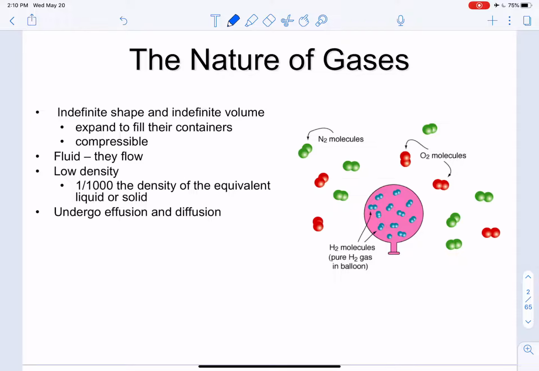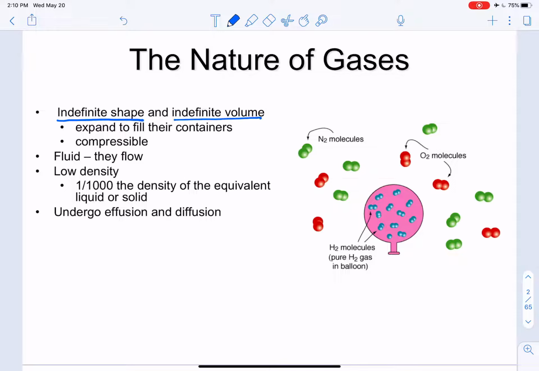So because they're moving around and bouncing off the sides of the containers, we say that they take the shape of their containers. So they expand to fill their containers, so they use up any empty space. And this means that they have an indefinite shape, so they do not have a definite shape. They take the shape of the container and they have an indefinite volume.